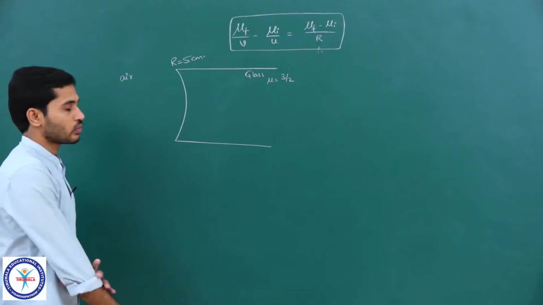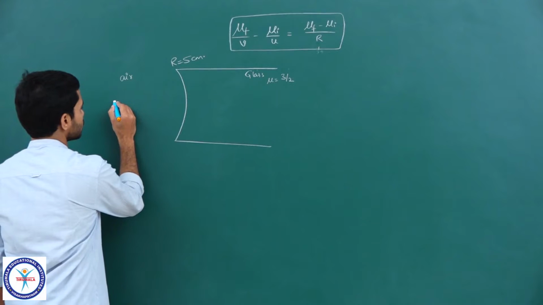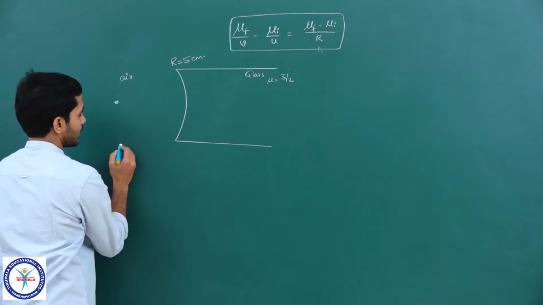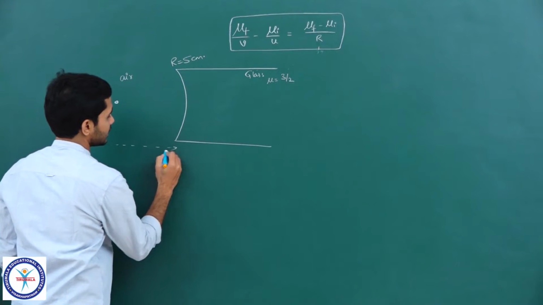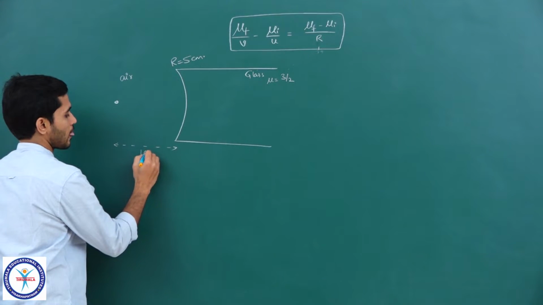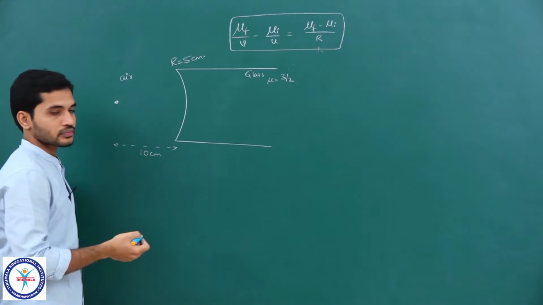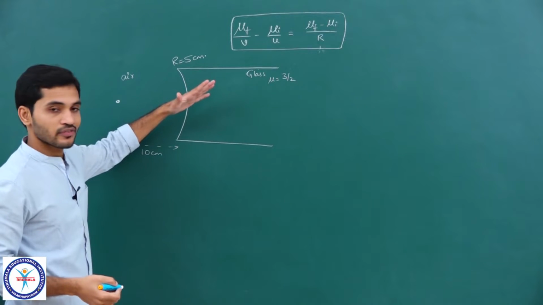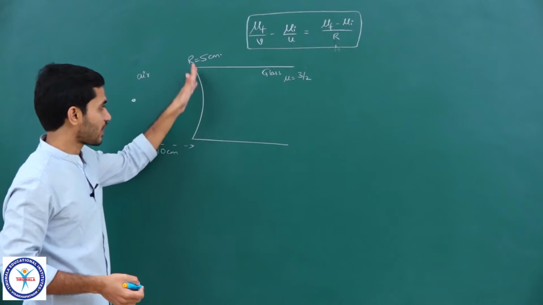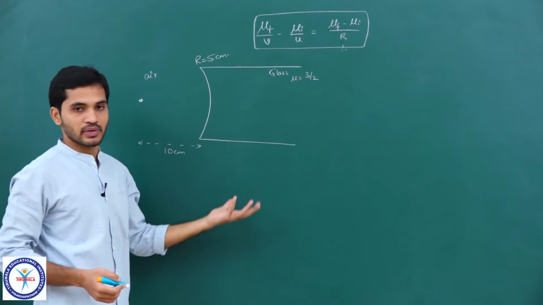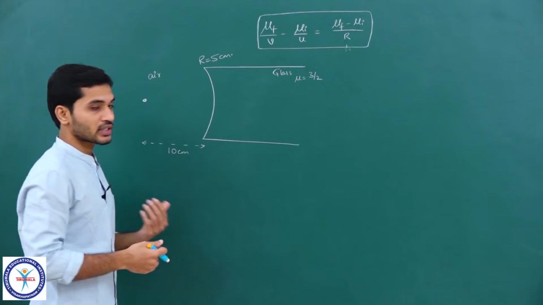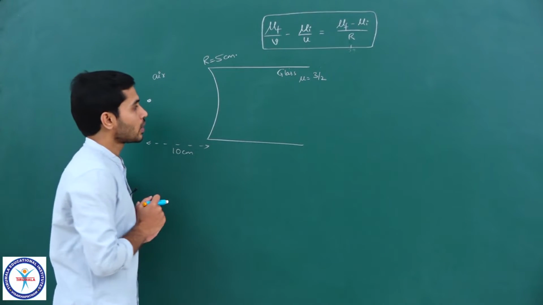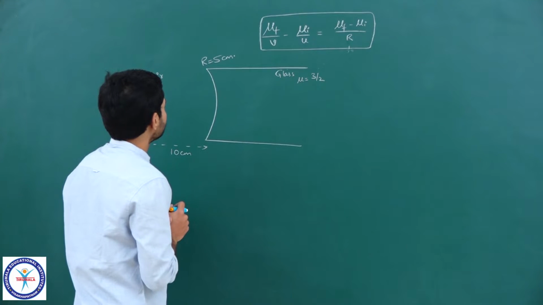Now, let us say there is an object here at a distance of 10 centimeters. Light rays coming from this object will undergo refraction at this surface and form an image somewhere. So, we need to find out where the image is formed. Clear?